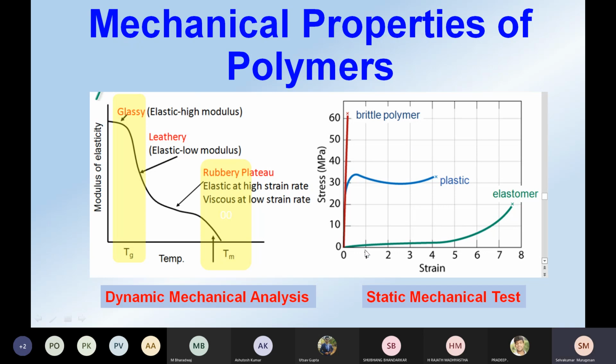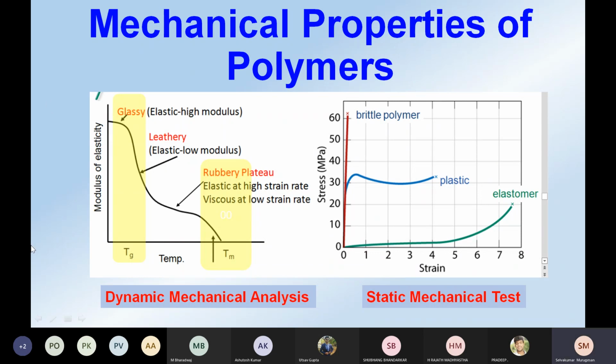And in the case of an elastomer, of course, you will have a pretty high elongation, more than 300% elongation. These are all about the static mechanical test and the dynamic mechanical test, where you increase the temperature and simultaneously carry out those mechanical tests, either tensile strength, or 3-point bending, or impact strength, etc.